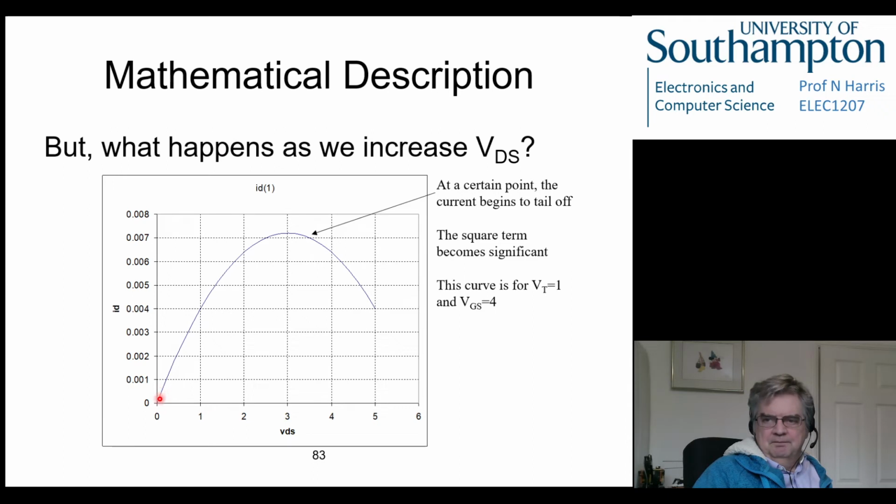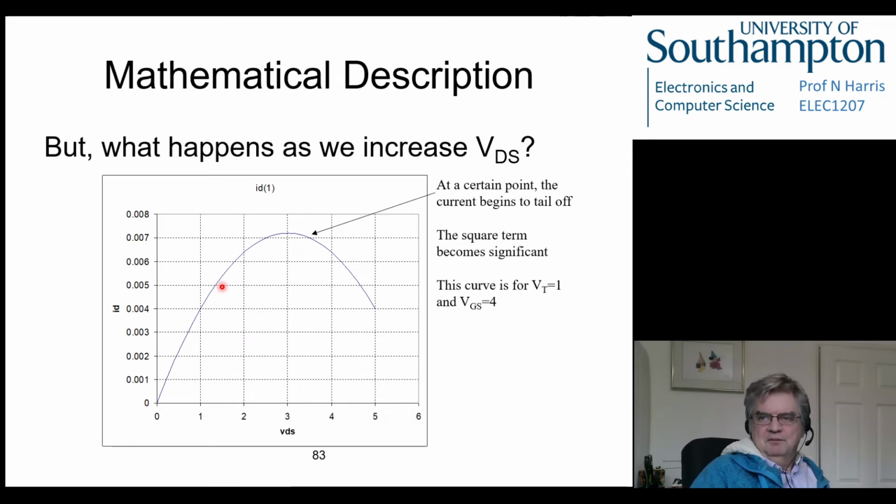So this bit of the equation is the equivalent of a linear equation for small values of VDS. Your definition of small is up to you, but as VDS gets bigger, it gets less linear. So this bit is nice and linear, this bit is less linear. But in some worlds you might say, well, that's still quite linear, I can live with that.